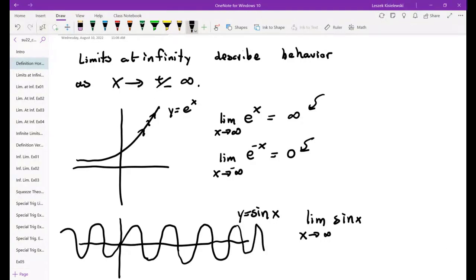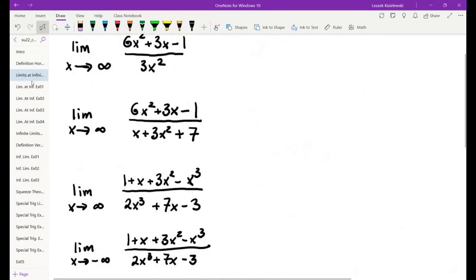So the function's values never grow without bound. They never settle to a single number. The limit here simply does not exist because sine of x keeps oscillating. There is no difference if we let x go to negative infinity. So the limit might be infinite, might be finite, or might not exist. Okay.